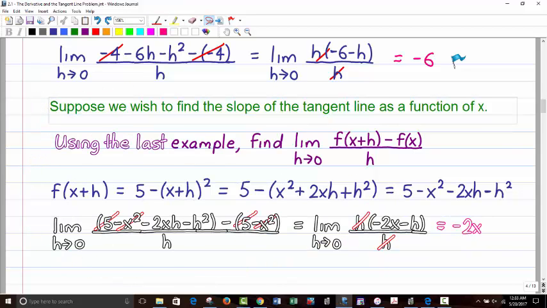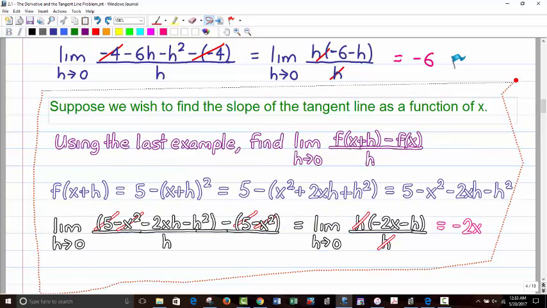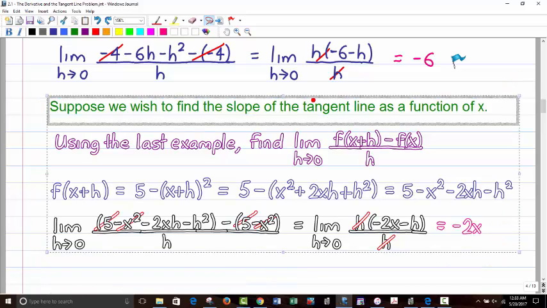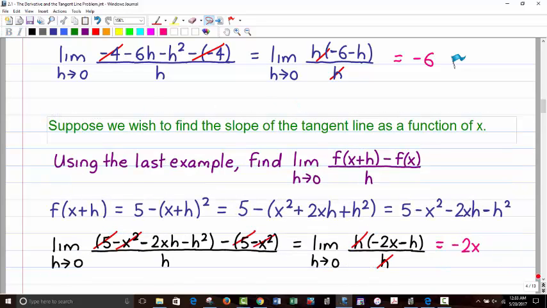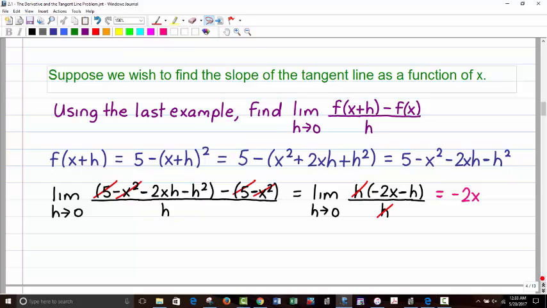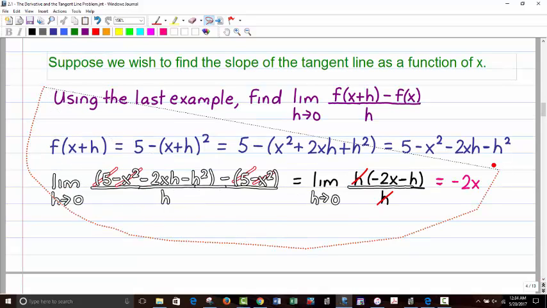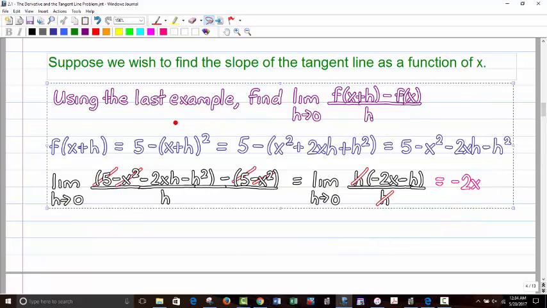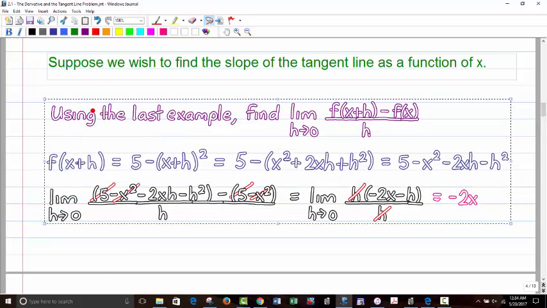Lower this down. Let's see. All right, so now I'm going to find the limit of that same function, f of x plus h, so I'm still working with 5 minus x squared.